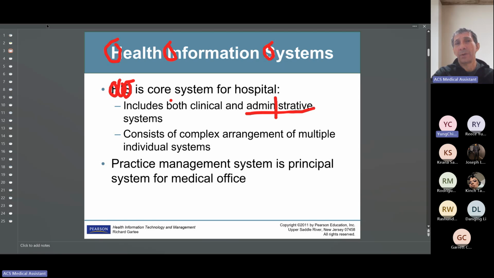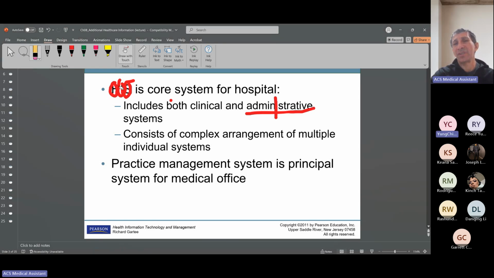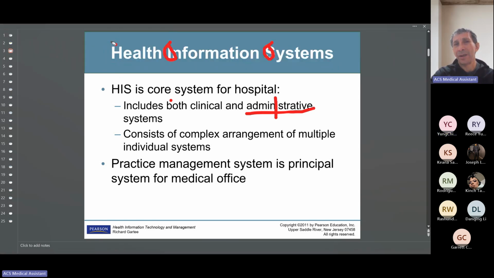So just understand that when they ask you something, they use these terms interchangeably, but it's wrongly used. Abbreviations and acronyms do not mean the same. It's just that sometimes they use it that way, so don't get confused. Just try to figure it out.